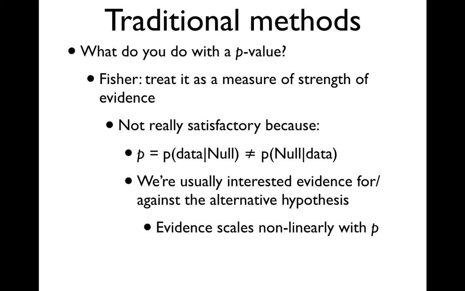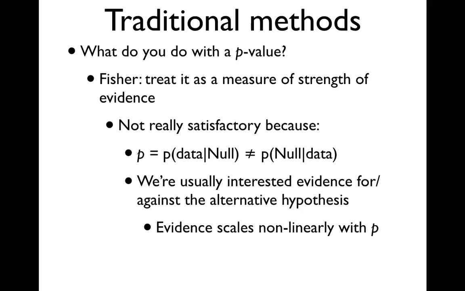And critically, if you actually use proper metrics of evidence, the relation to the p-value is nonlinear. So there are actual metrics of evidence out there, but the p-value doesn't correlate well with them. They correlate monotonically, but it's a nonlinear thing. So that's Fisher's perspective: use it as a measure of strength of evidence.